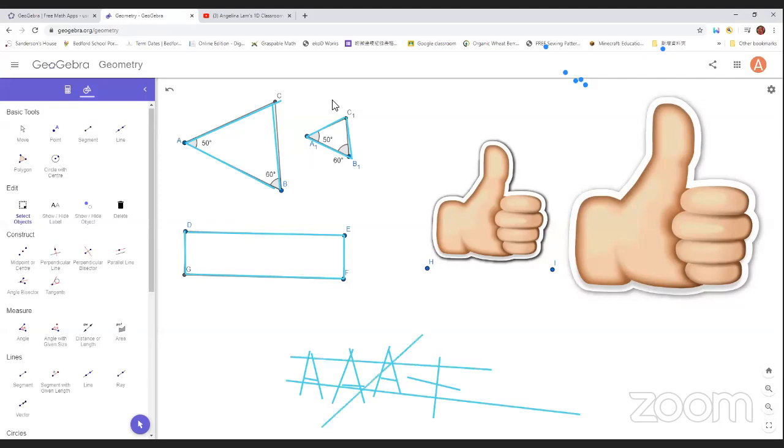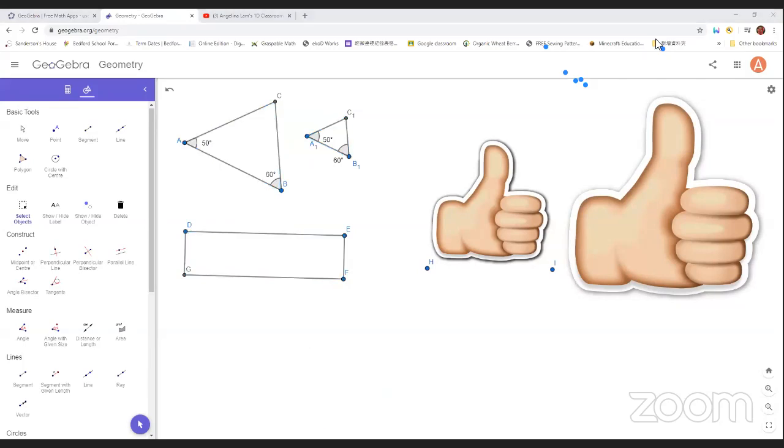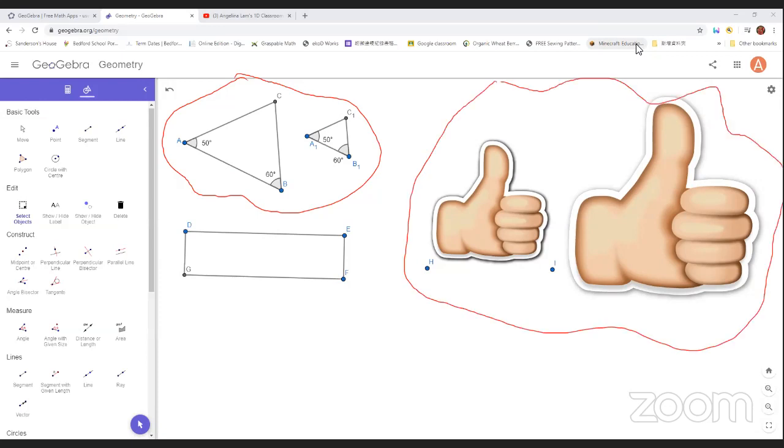Right. Now, then also, I would like to show you other similar figures. And then when we talk about similar, we don't only talk about triangles. Actually, we can have figures which are similar, just like this one. They are similar.